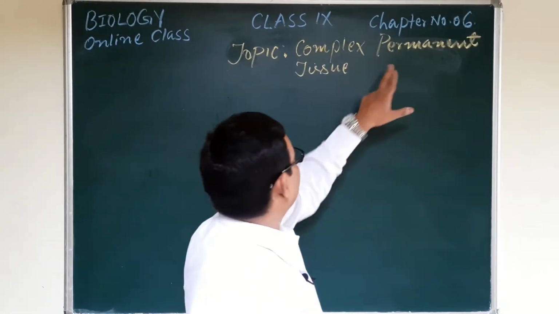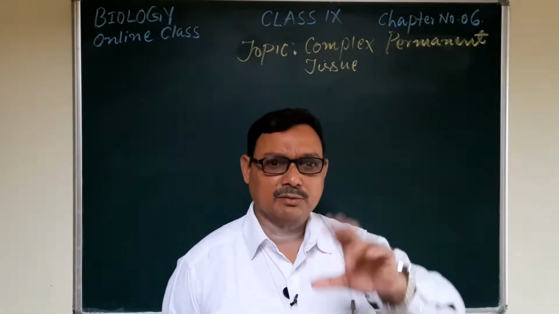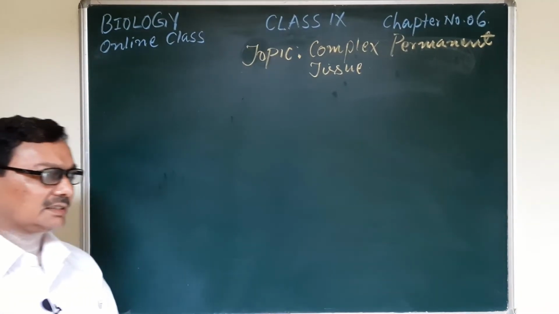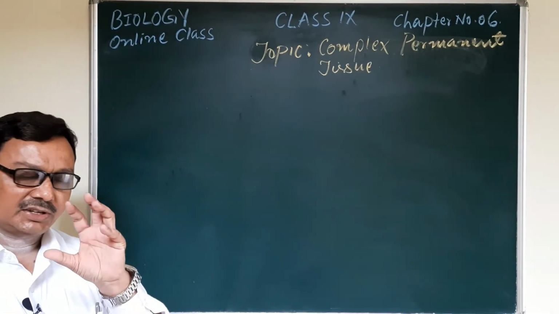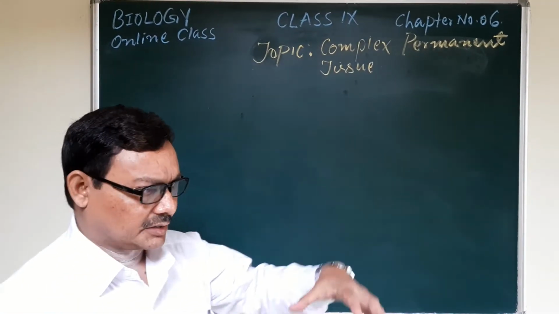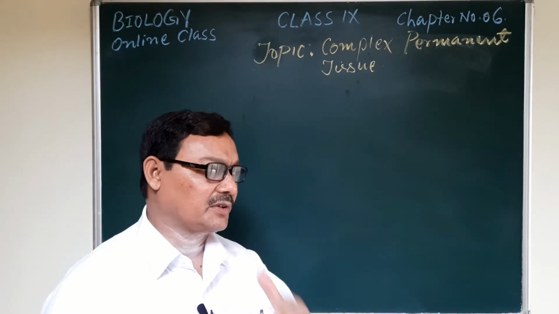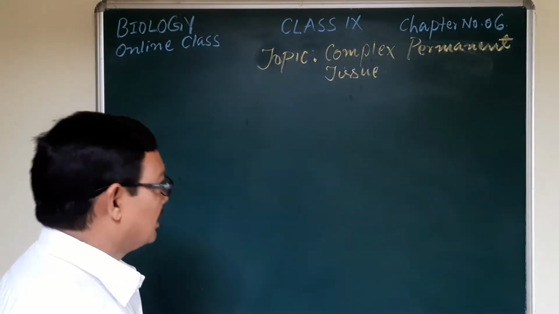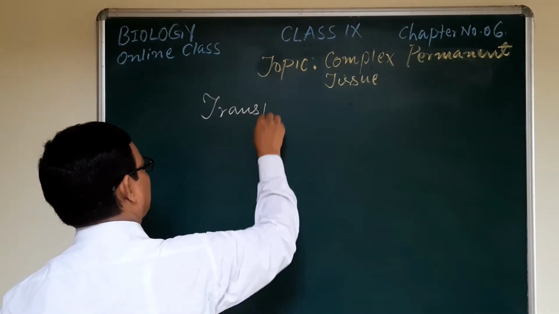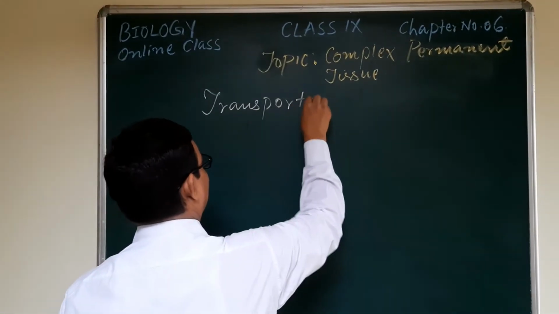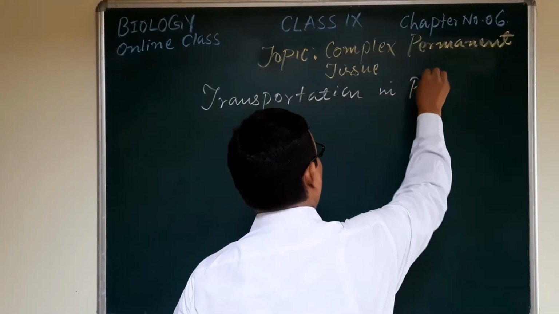The complex permanent tissue is made of different types of cells. Those cells have different shapes and structures, but together they perform a specific function, that is transportation in the plant body.